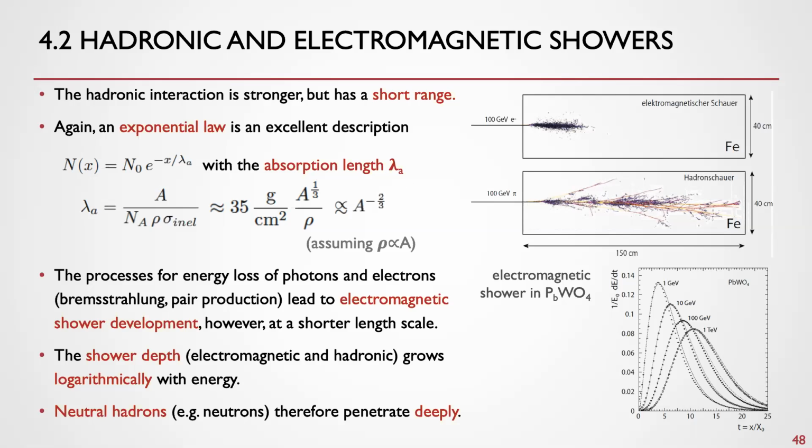the hadronic component. For example, a neutron, which is not electrically charged, can travel a long distance in the material. This is a simulation, but the neutron can travel a long distance and then suddenly lead to violent subsequent shower collisions.